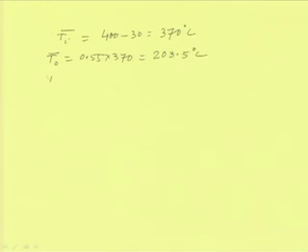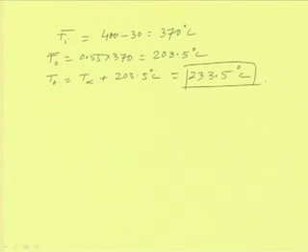Then T0 is equal to T infinity plus 203.5 degree centigrade, and this becomes 233.5 degree centigrade. So this is the value at the center line, that is the first case.